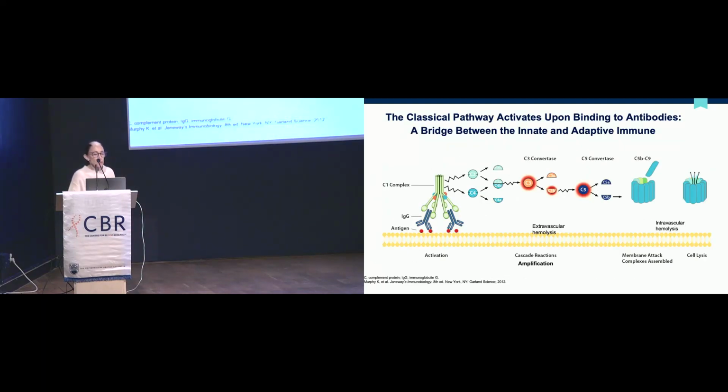So it's really the bridge between the innate and adaptive immune systems, and as you can see, here is your antibody, here's the complement complex, it binds to the C1q, C1r, C1s, and then generates C3 convertase.